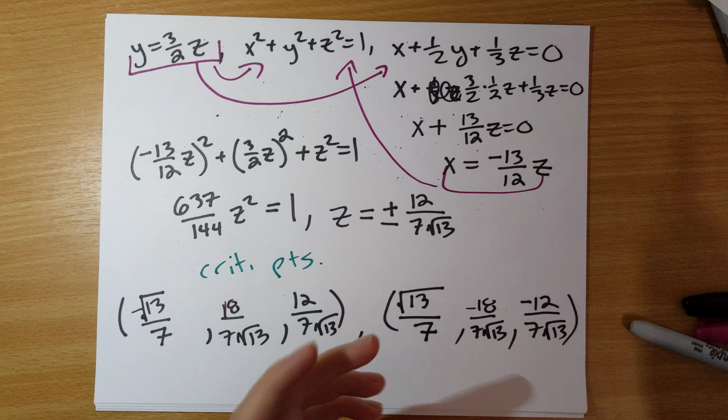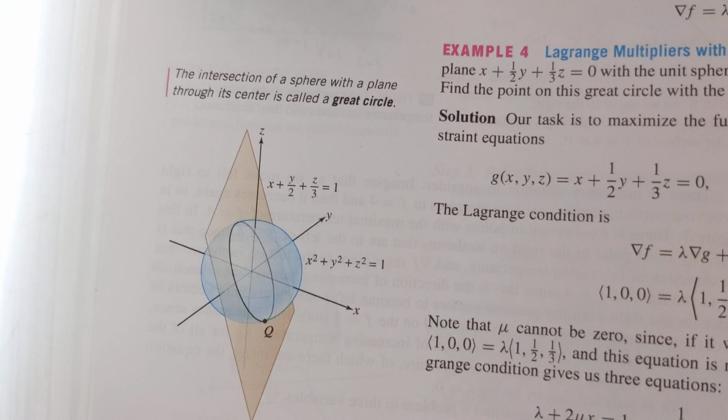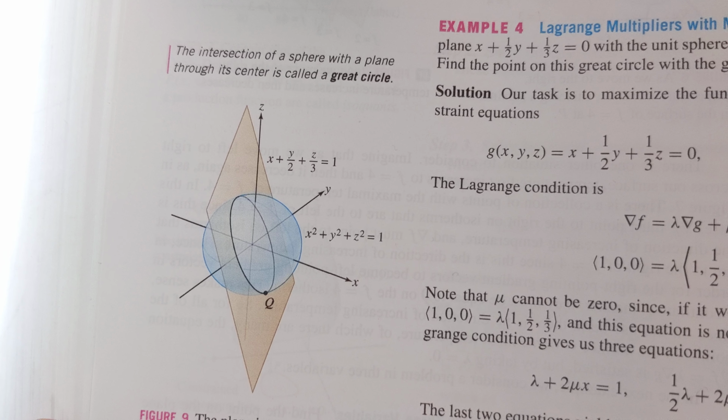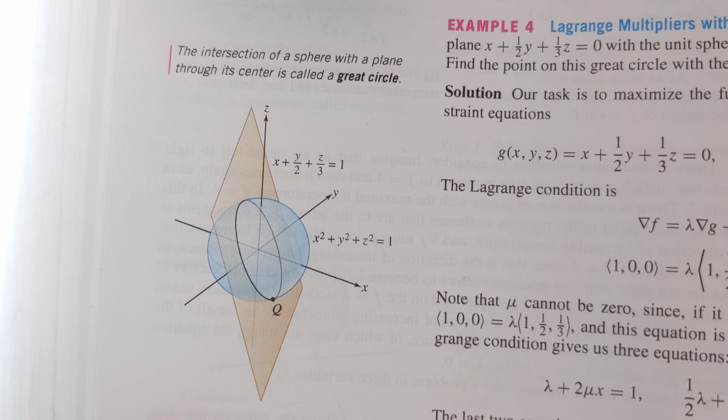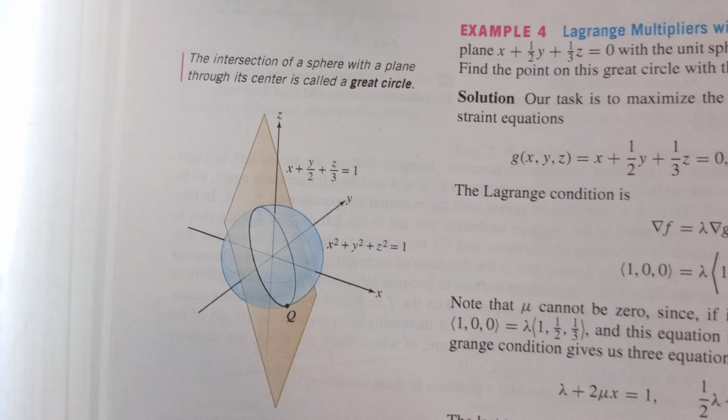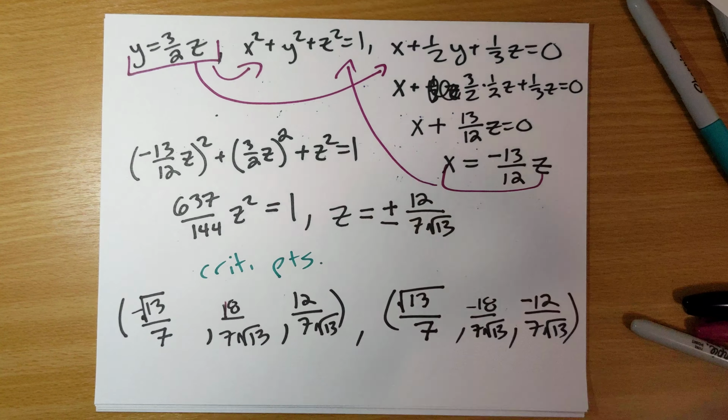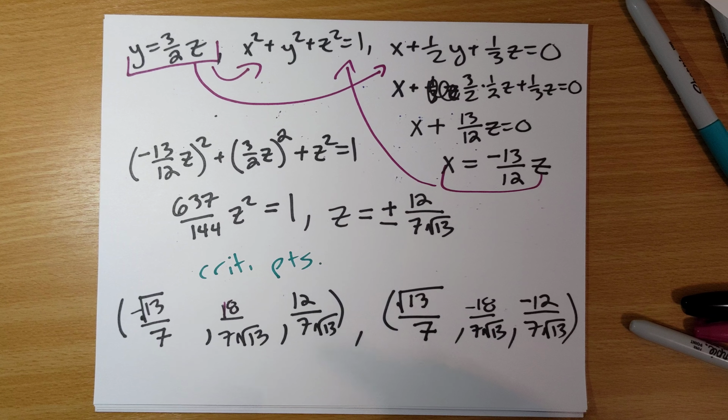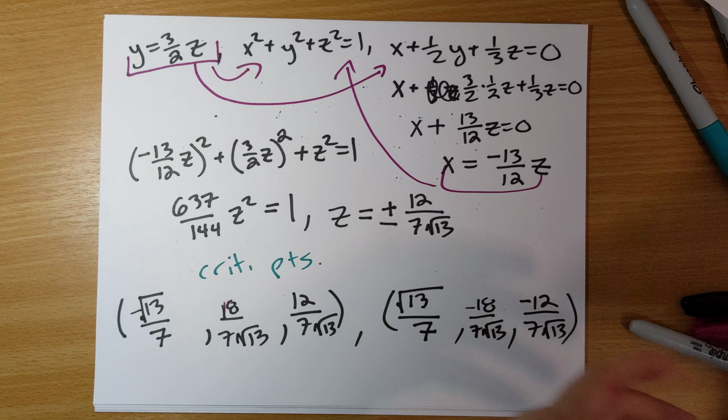If you graph things out, let me just show a picture here. Taking a look at the picture here, we can see this is going to be a closed bounded domain, so we're guaranteed to have a min and a max here. And accordingly then, we have to pick the one with the largest x coordinate.